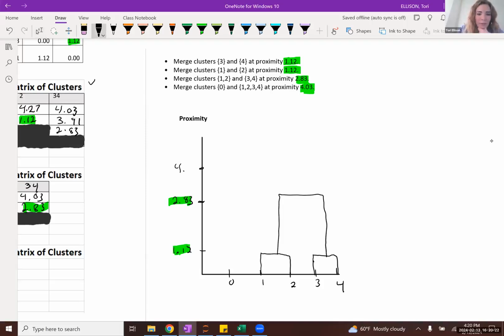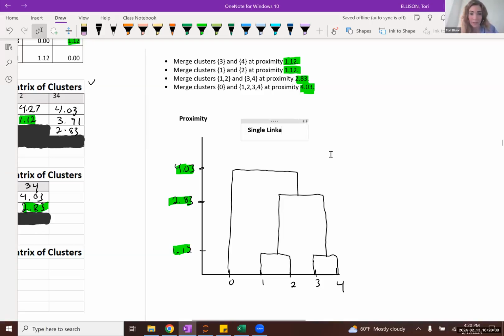And then finally, cluster 0 and cluster 1, 2, 3, 4 are going to merge at a proximity of 4.03. All right. And so what we've just created is a single linkage dendrogram.